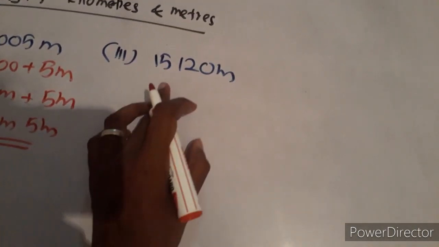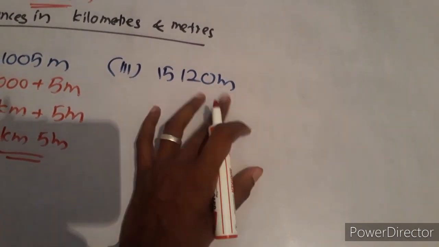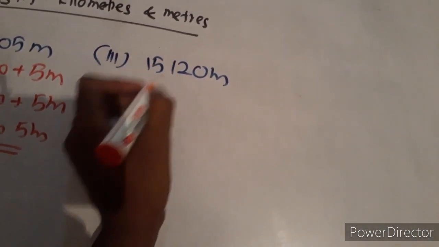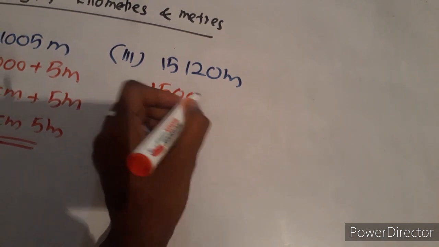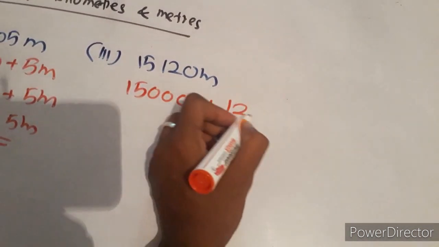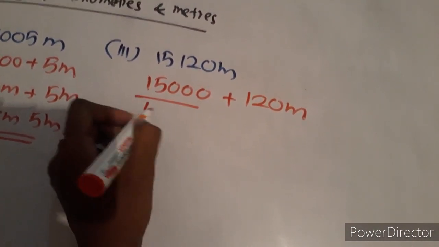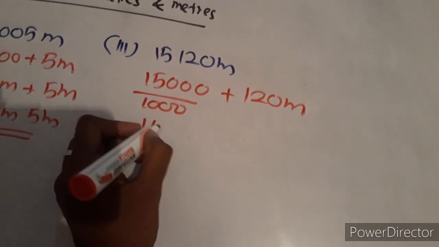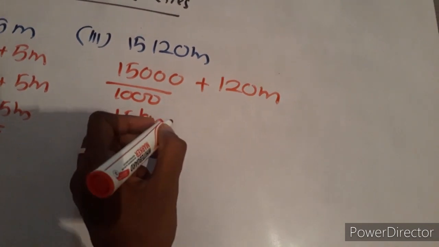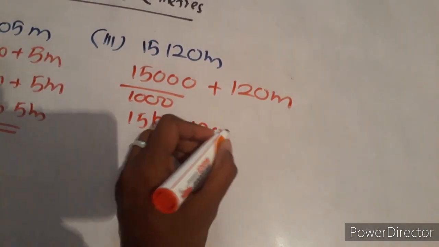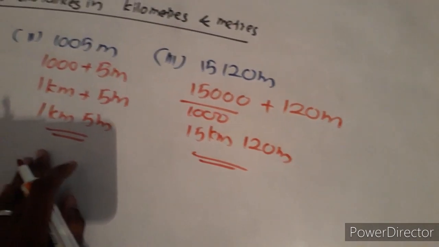Last one, 15,120 meters. This we can write as 15,000 plus 120 meters. We can divide this by 1000. So it becomes 15 kilometers and 120 meters.